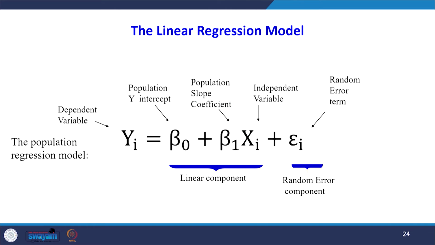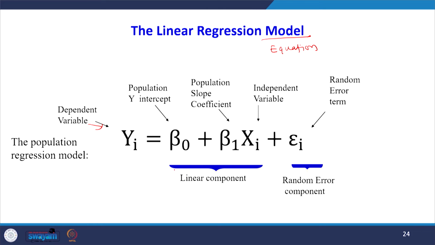Now, the linear regression model, you should be very careful. Sometimes I say linear regression model, sometimes I say linear regression equation. If we say model, that represents the population. So, yi, the dependent variable, equals beta 0, the population y intercept, plus beta 1, the population slope coefficient, times xi, the independent variable, plus a random error term.